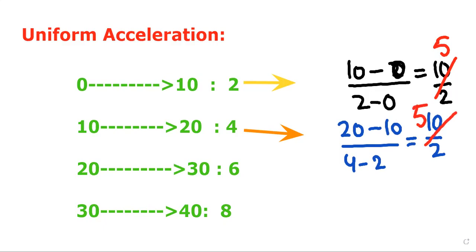For the next interval, for this third one, oh sorry, velocity was 30 minus 20, and it was 6 minus 4.